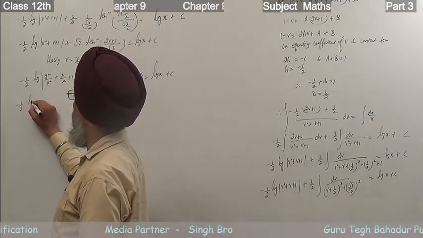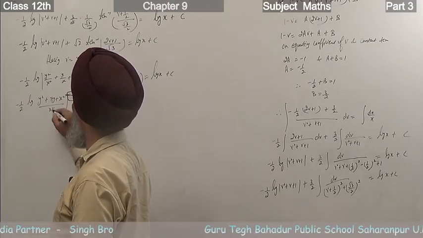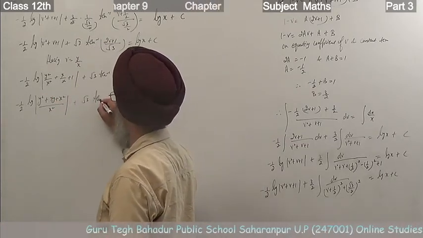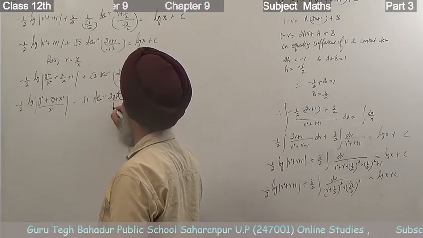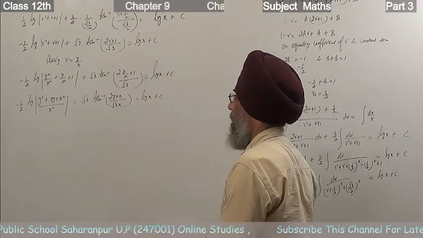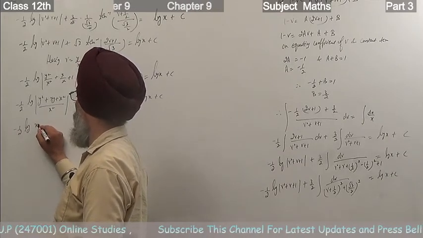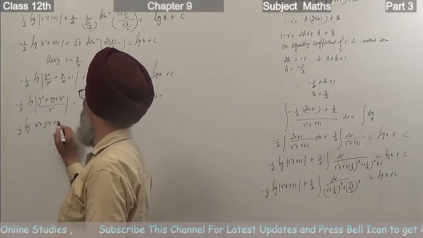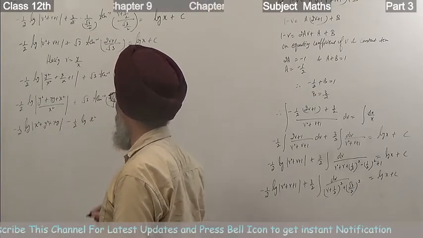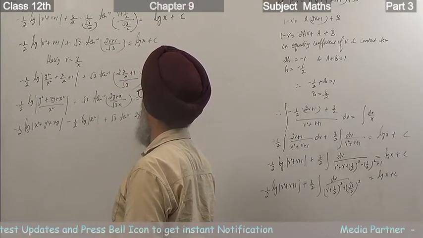That is minus half log of (y square plus xy plus x square) upon x square, plus root 3 tan inverse (2y plus x) upon root 3 x. Further, it can be taken as minus half log of (x square plus y square plus xy), minus half log x square, plus root 3 tan inverse (2y plus x) upon root 3 x.